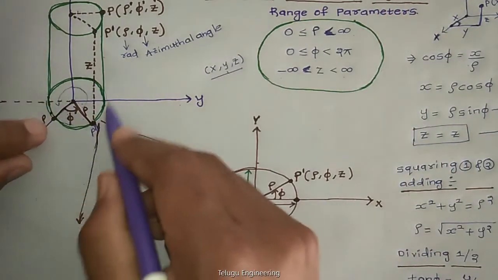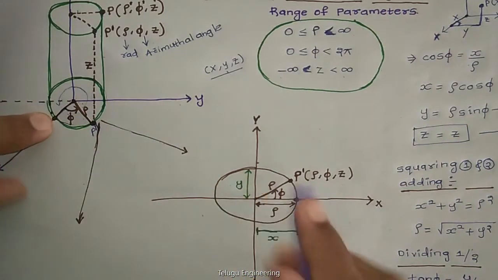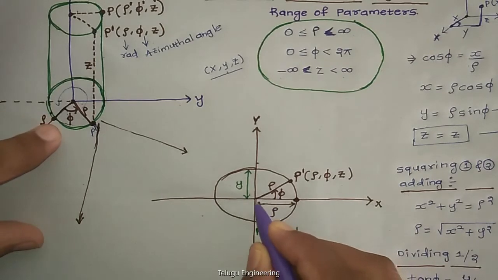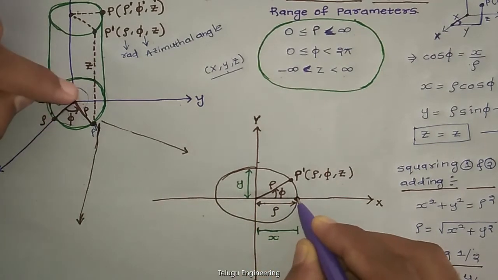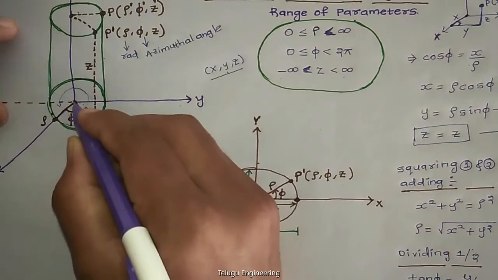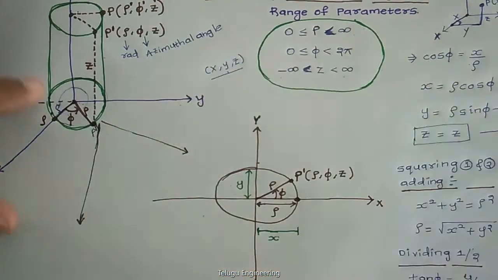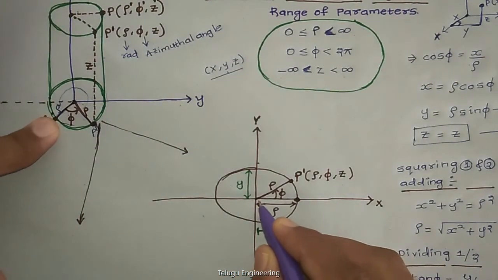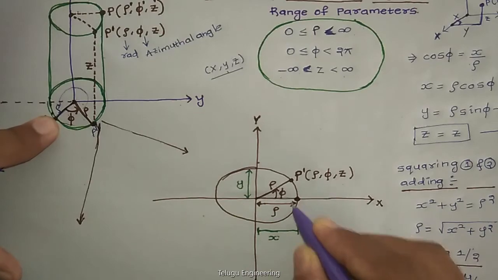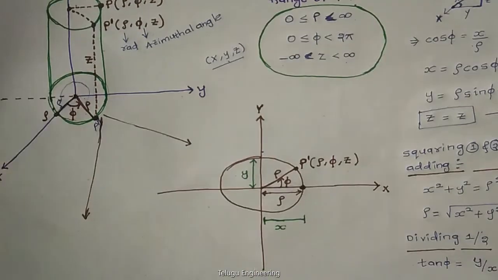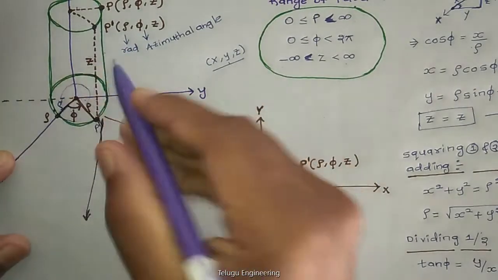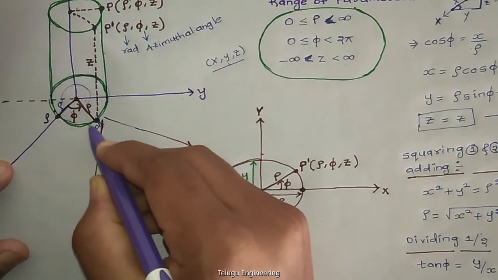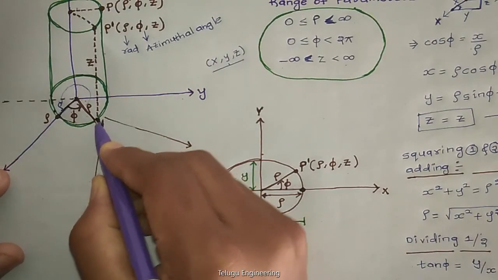If we compare these two things, we are moving in the rho direction, this is nothing but rho. We are moving rho in the x-axis direction, and moving phi angle to that particular point p in the xy plane.